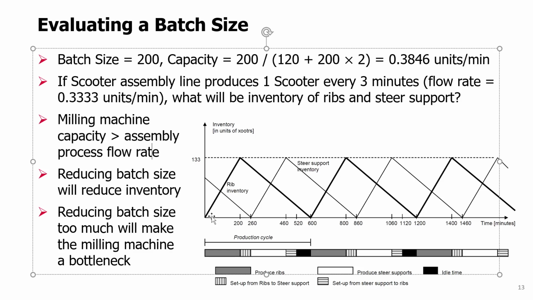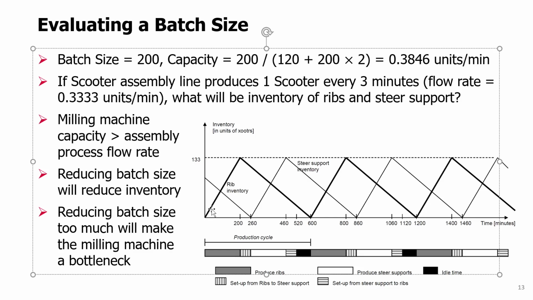So let's see how this is going to work. Remember, when we start producing the ribs, let's say we've already done the setup and we're producing. We should aim to have, at the beginning, very low inventory of ribs. At this moment we will be producing, but because we are running the assembly line, this increase is the net increase of producing and consuming at the same time. The consumption is due to the assembly line operating.